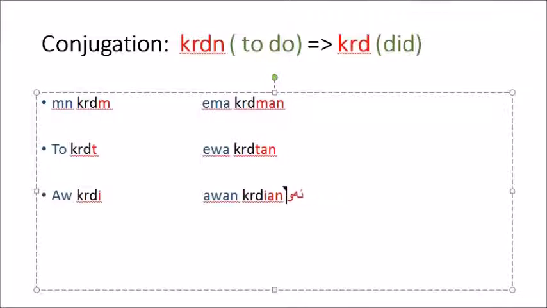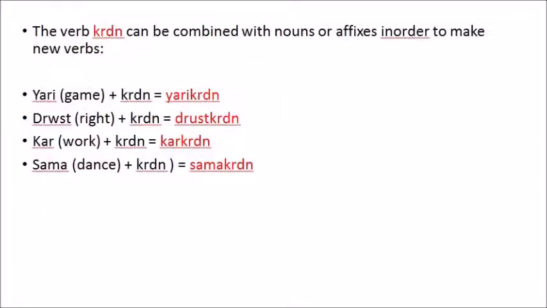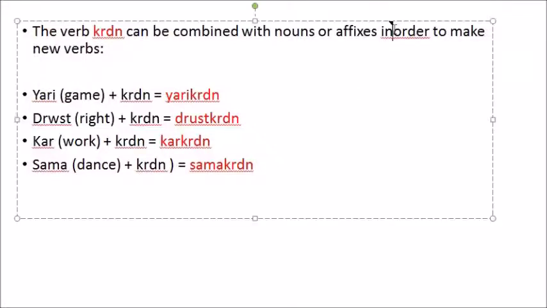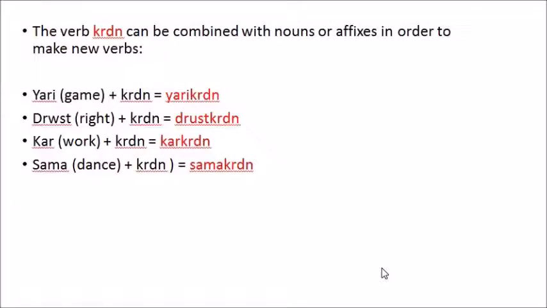Okay, so now let's go to another slide and let me introduce another concept of Kurdish verbs. The verb krdin can be combined with nouns or affixes in order, I made a spelling mistake, in order to make new verbs, okay? So basically, we can add krdin to phrases or nouns and adjectives to create verbs of those nouns or adjectives.